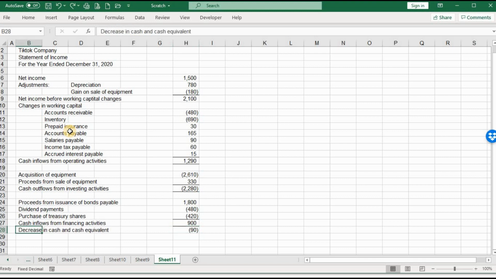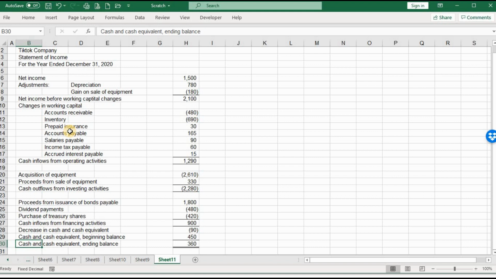So this is the decrease in cash and cash equivalent during the year. Then deduct this from the beginning cash and cash equivalent balance of 450 pesos. Then the difference is 360 pesos. And this is the cash and cash equivalent ending balance. So this is how we prepare the statement of cash flow under the indirect method.